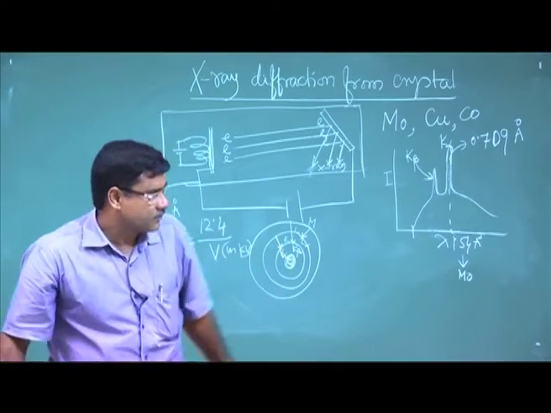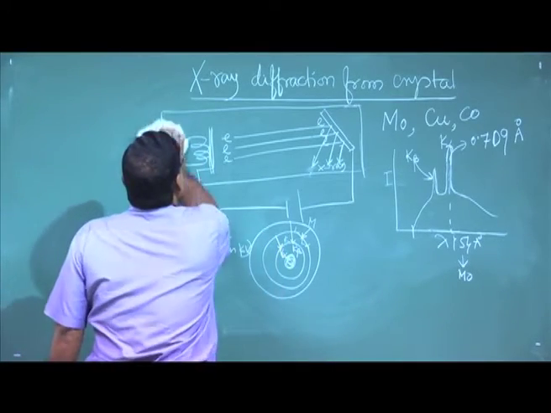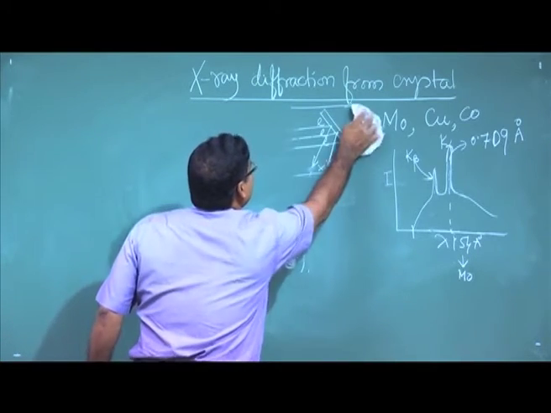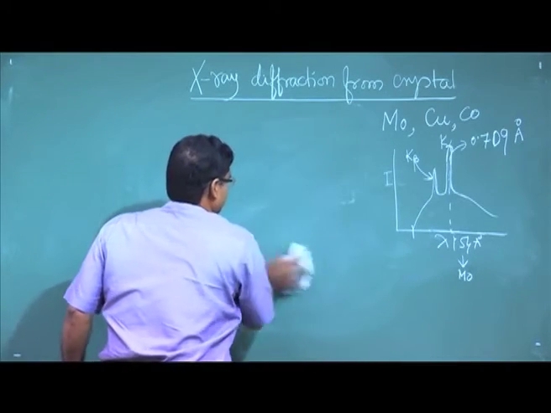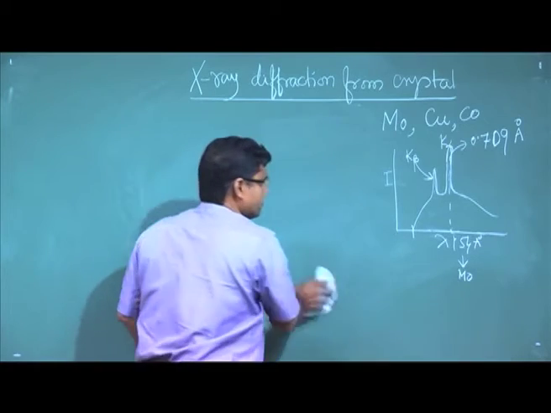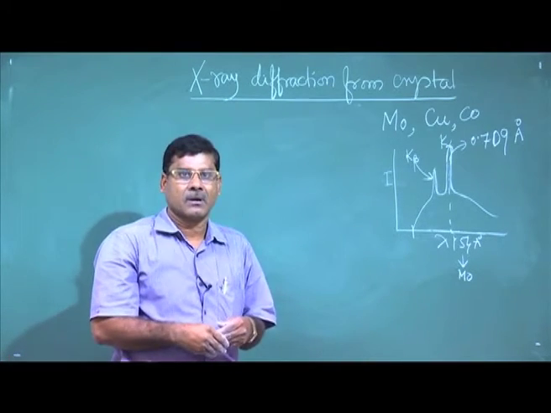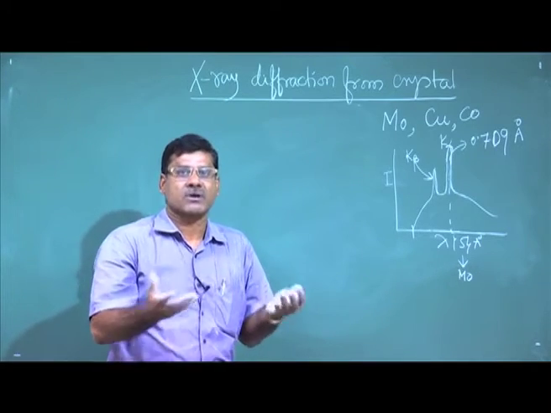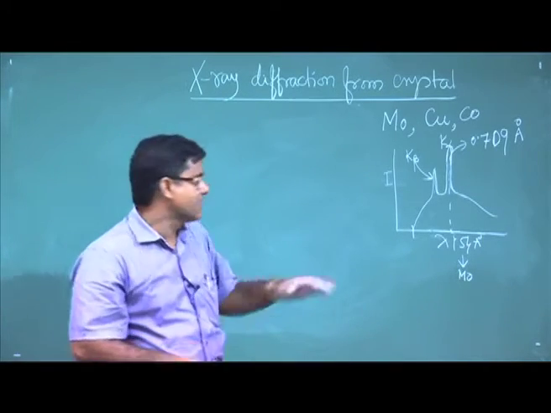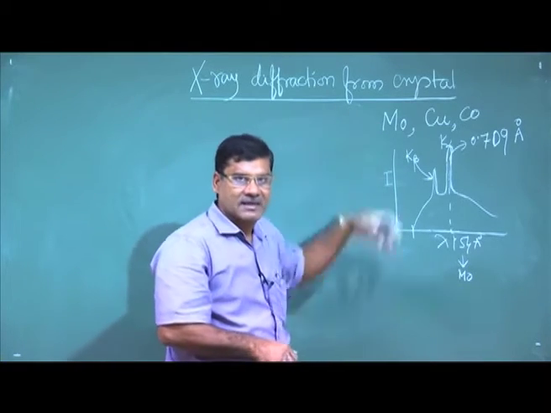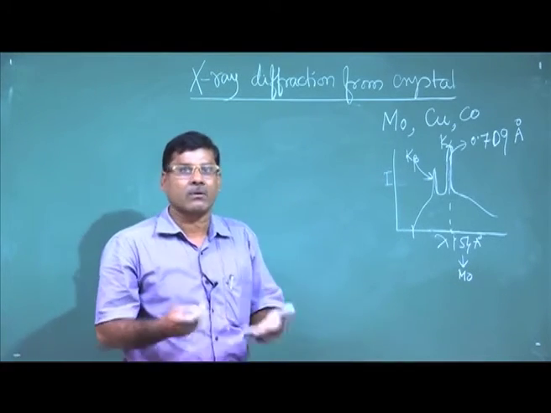So, this is about the X-ray. Now, here another question is there. Sometimes for an experiment we need all sorts of wavelengths of X-ray. So, then there is no problem. From the target, whatever X-ray is coming will have all sorts of wavelengths.